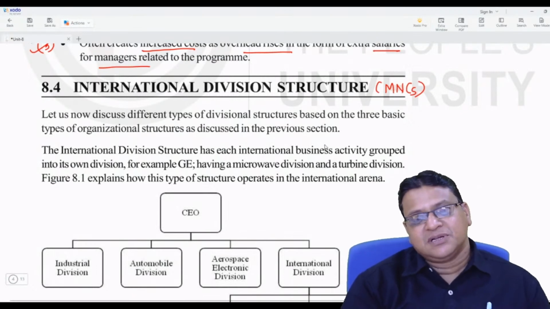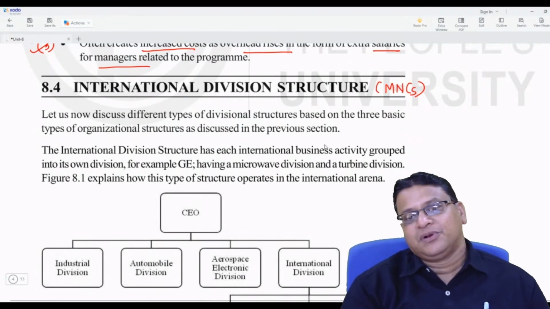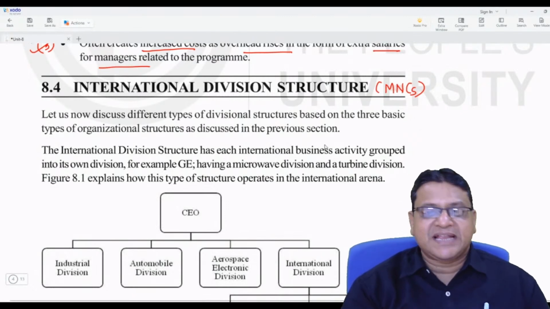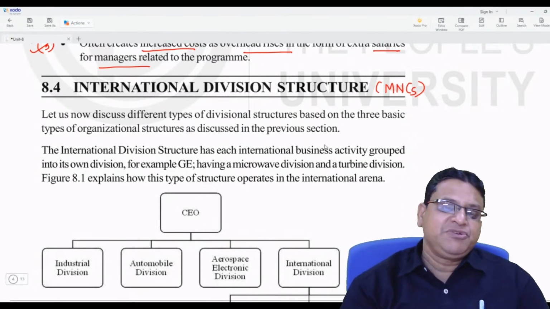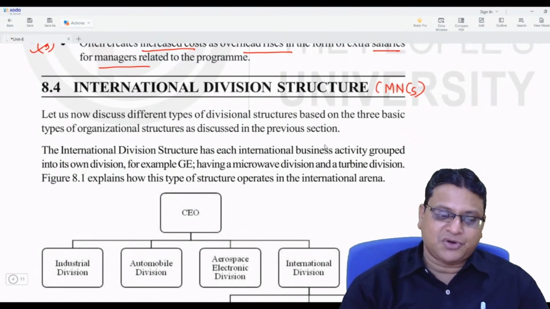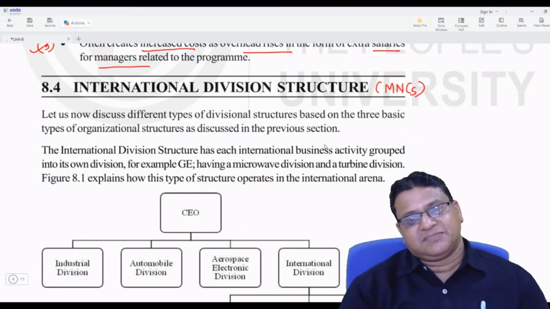We have discussed there are many approaches for doing international business. Suppose you are adopting the ethnocentric approach. That means your prime focus is producing product domestically and you sell some product in foreign countries.